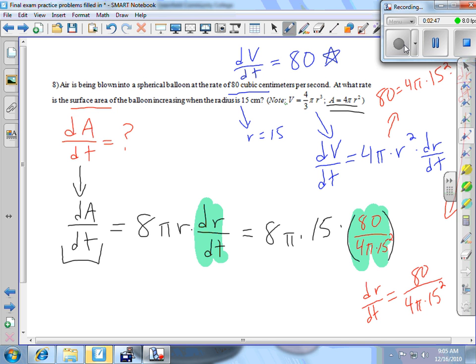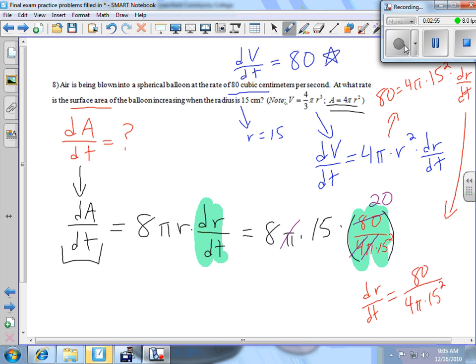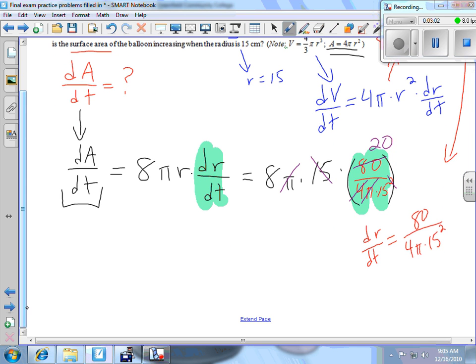Okay, you're welcome to just type this into the calculator carefully. I guess I'll go ahead and simplify a little bit first. The pi's can cancel. I guess 4 and 80 make a 20. This 15 will cancel one of those 15s. So what do we have left? Let's see, there's an 8 in the front. There's a 20 in the parentheses.